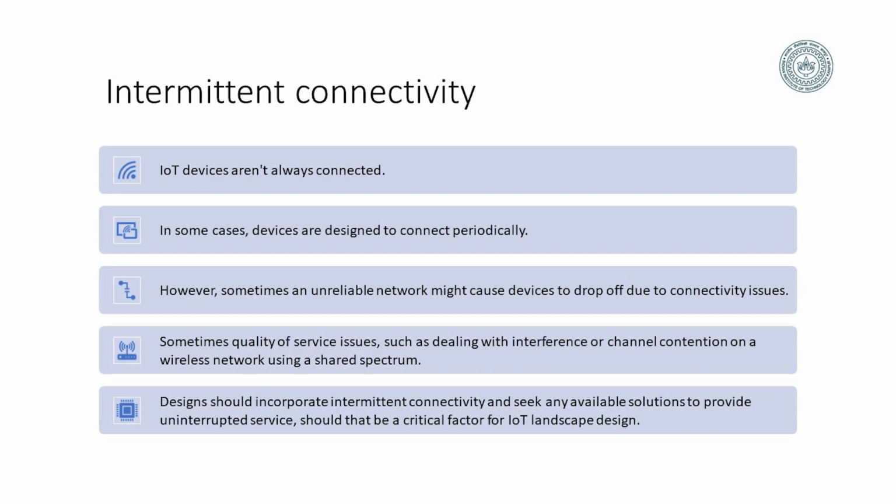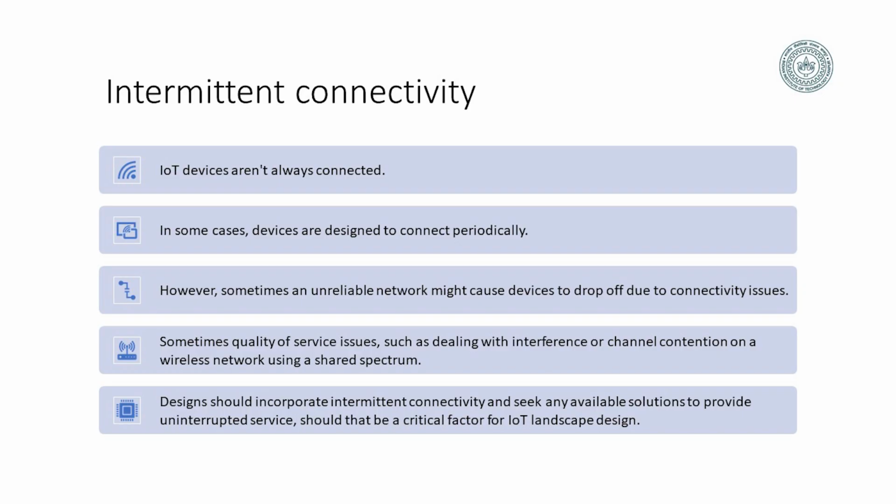In some cases the devices are designed to connect only periodically, or sometimes an unreliable network can cause devices to drop off due to connectivity issues. So, you need to think about the reliability of your network, and sometimes you may lose them due to connectivity issues. You may have quality of service issues, which may be due to interference or channel contention on a wireless network using a shared spectrum.